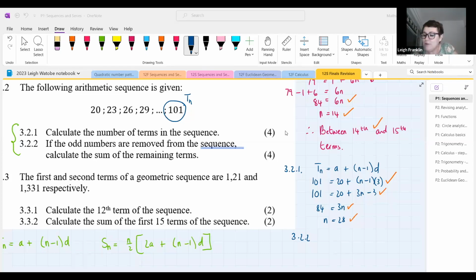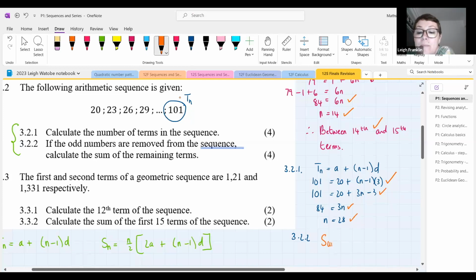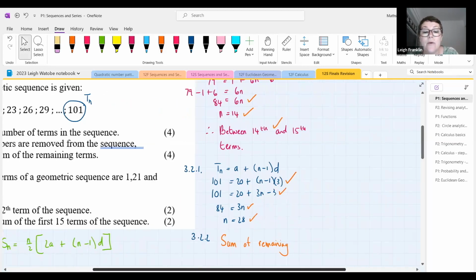Okay, so if they want to know the sum of the remaining numbers, what I would do is to calculate the sum of remaining. You could look at it in two ways. All right.